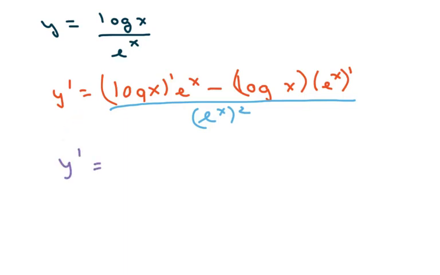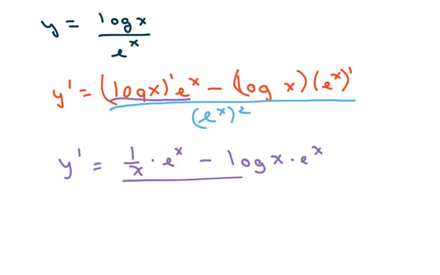Now we clean this up, and we get this part here is just going to be 1 over x times e to the x. And this is going to be minus log of x times e to the x. And this is all over e to the x squared.